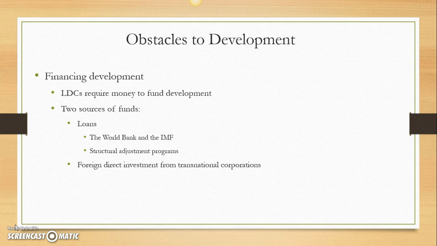They also get some loans and things from structural adjustment programs from more developed countries, right, where they're basically paying governments to try and adjust and change the way that they're doing business. But then you also get money coming in from foreign direct investment and from transnational corporations. And that's a fancy way of saying companies are building roads, or they're building power plants or other infrastructure to help support their investment.